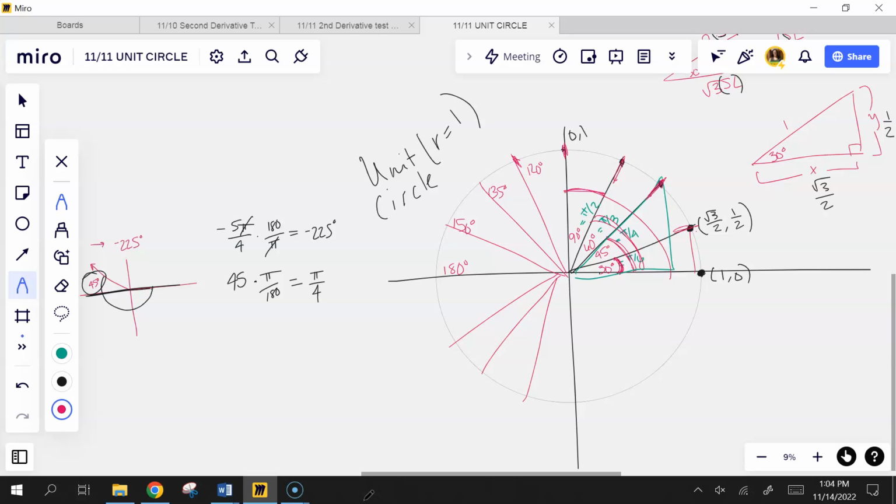That's what I'm going. 30, 15, 15, 30. 210. 30, 15, 15, 30. Keep going. 300. 30.